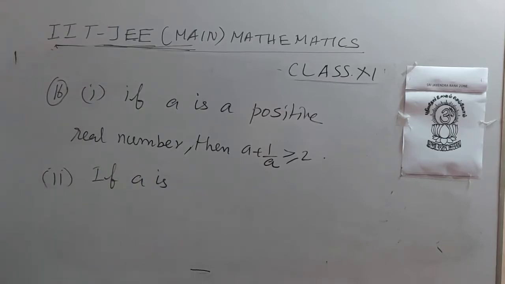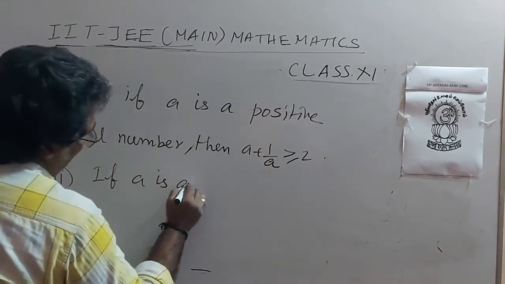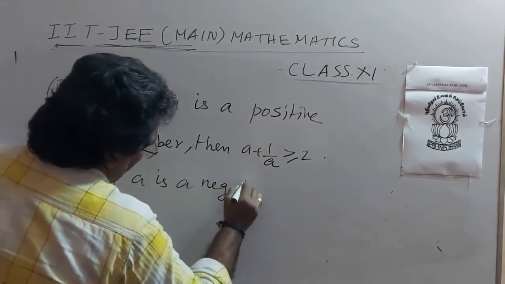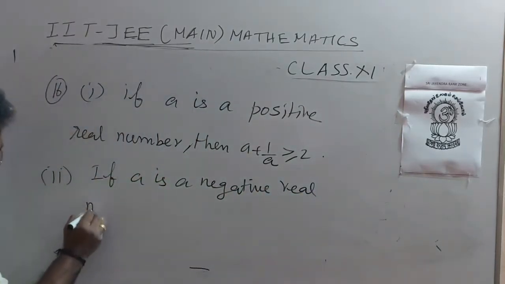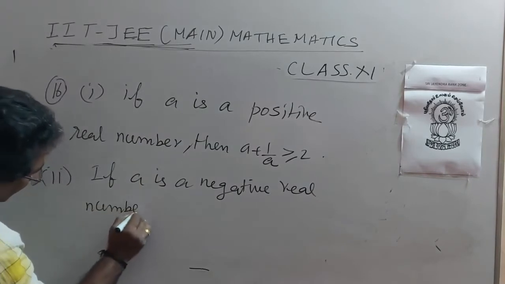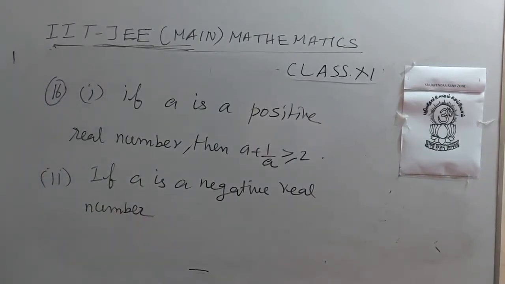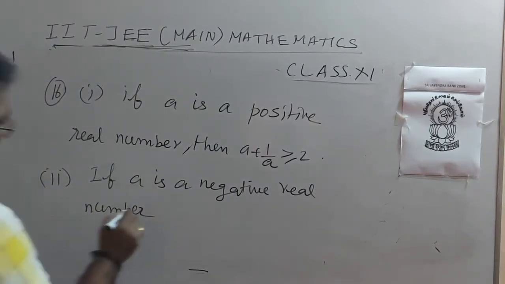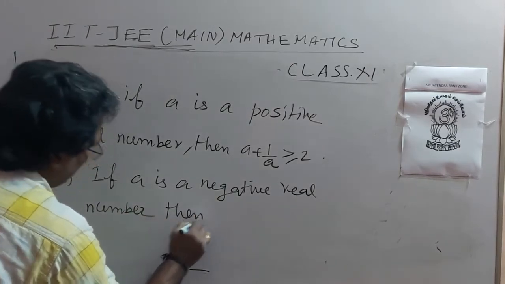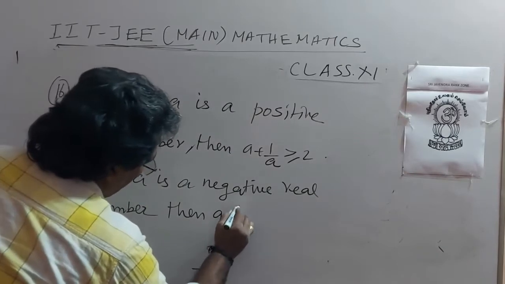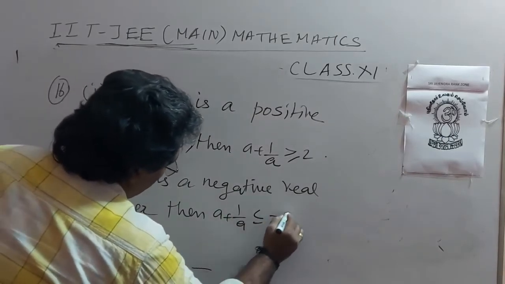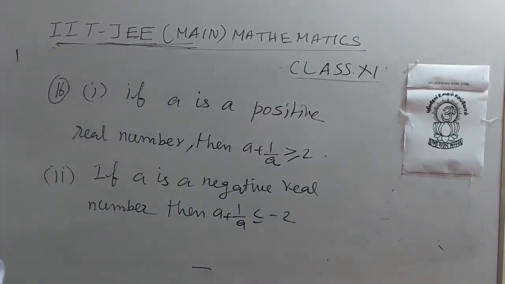If a is a negative real number, then a plus 1 by a is less than or equal to minus 2.